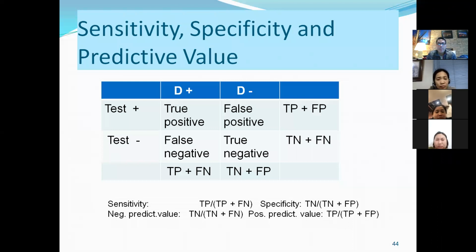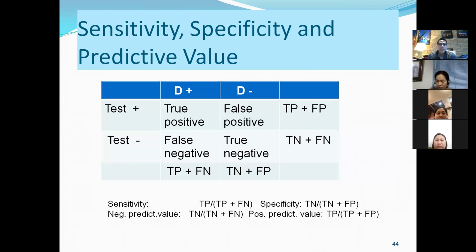And then for specificity, you have your true negative divided by the true negative plus the false positive, and that's your D minus. So D plus is represented by sensitivity. D minus is represented by specificity.